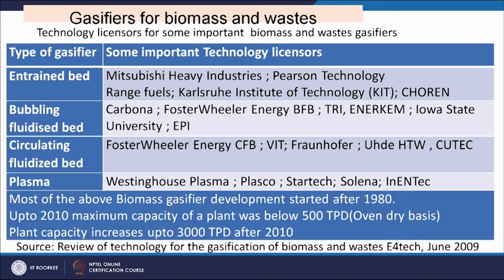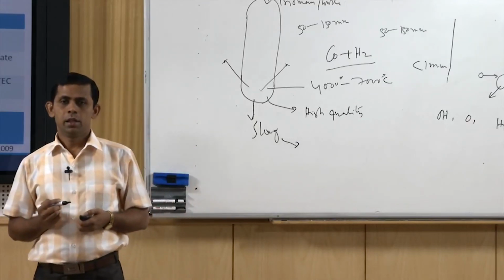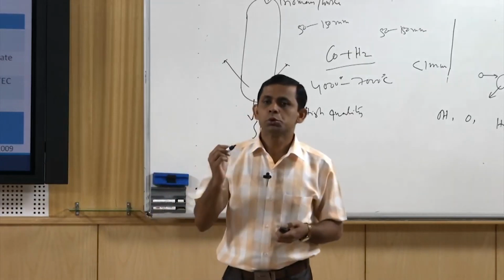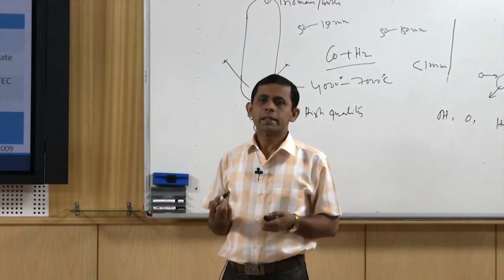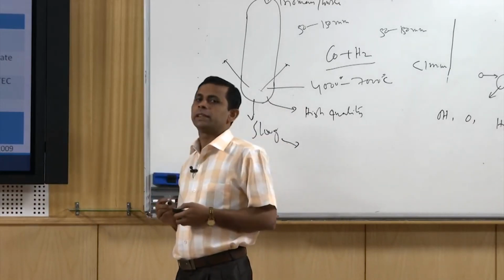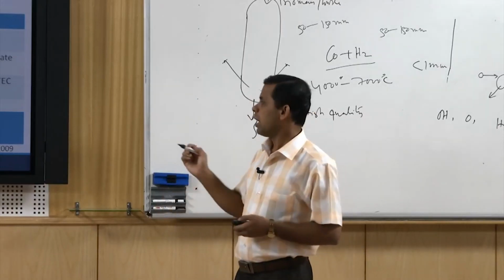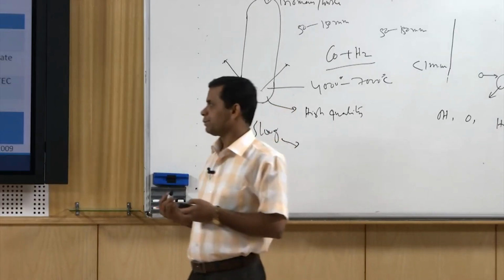From this table we see that most of these biomass or waste gasifiers were developed after 1980, and up to 2010 the capacity of these gasifiers was less, around 500 ton per day. But after 2010 the capacity of this type of gasifier has increased and now up to 3000 ton per day capacity is available.